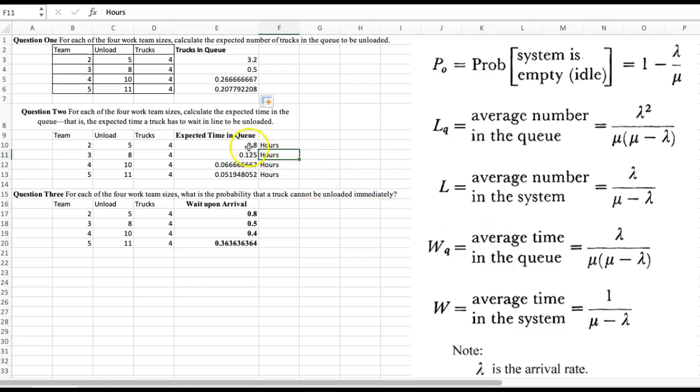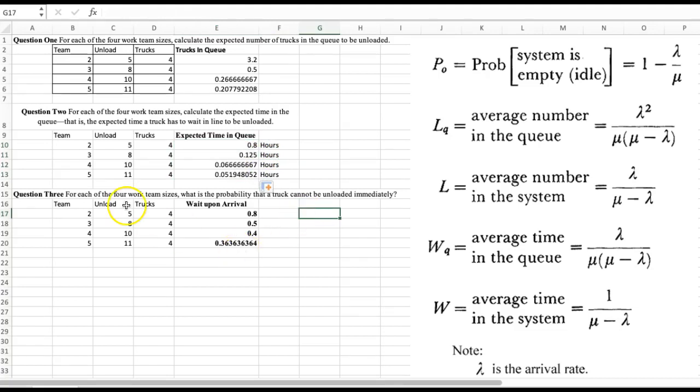For that equation, we have our average number over our unloading rate, which is 5. Same bottom part of the equation here: 5 times (5 minus 4), which is 1, and we come up with 0.8 hours. And then we go ahead and drag these down here.